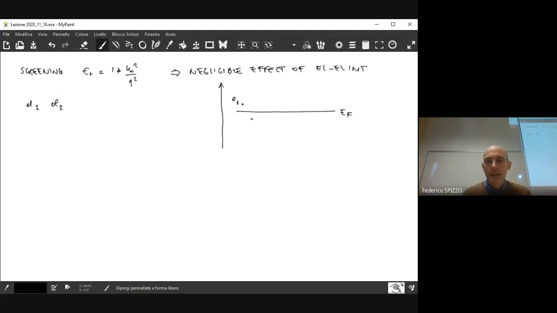So let's suppose that electron 2 is here. At this point, we need to find out two final levels for electron 1 and electron 2. And I call those levels, the final ones after this interaction, electron 3 and electron 4.